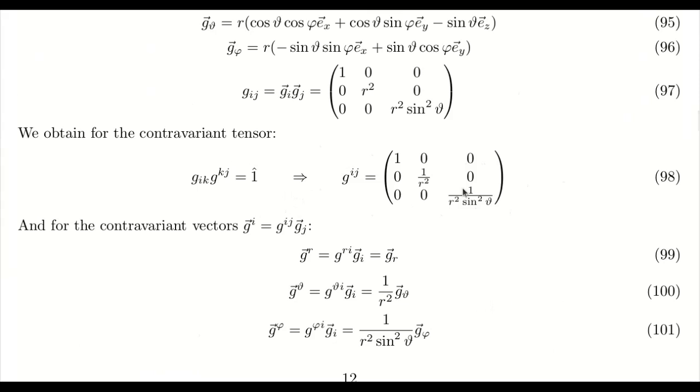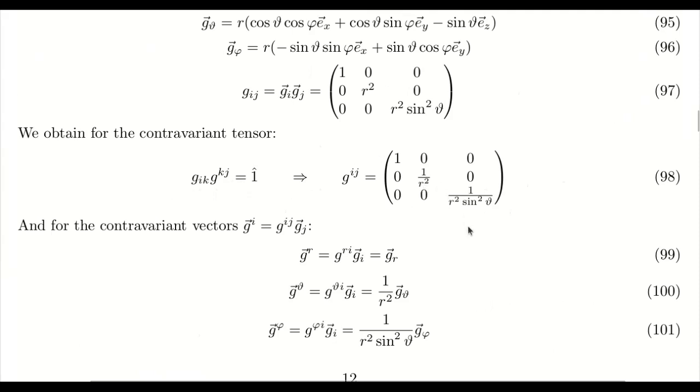And then for the contravariant tensor, that must be such that the scalar product of the 2 metric tensors here, co and contravariant, is the unit matrix. So because you have only a diagonal tensor here, that means the inverse. For the inverse we have also a diagonal tensor, but with the reciprocal values here.